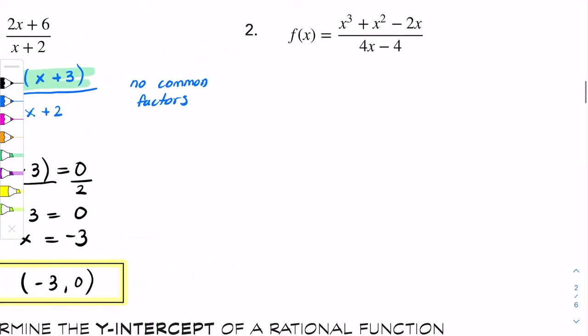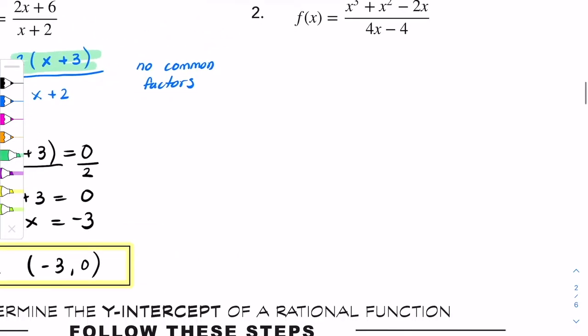For number 2, our numerator has to be factored. We have to eliminate any common factors between the numerator and the denominator, and then we need to set the numerator equal to 0. Actually, in this case, our denominator can be factored too. Missed that one.